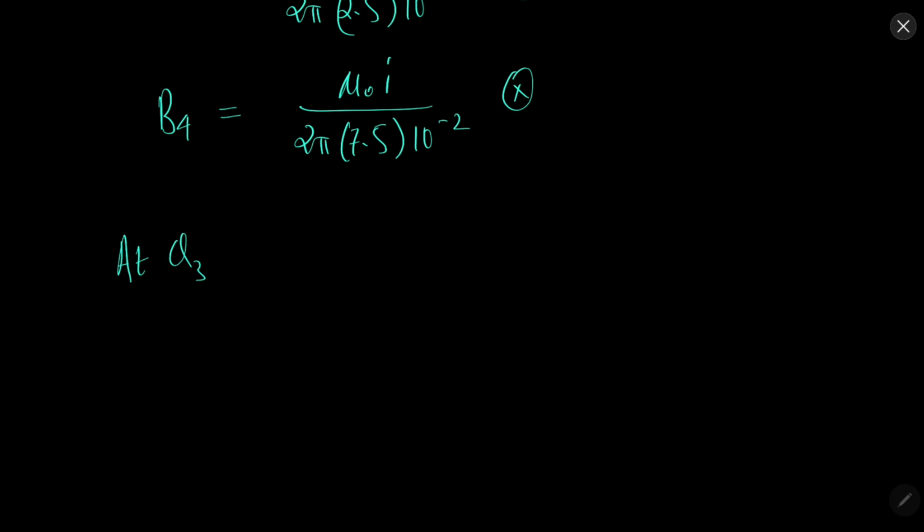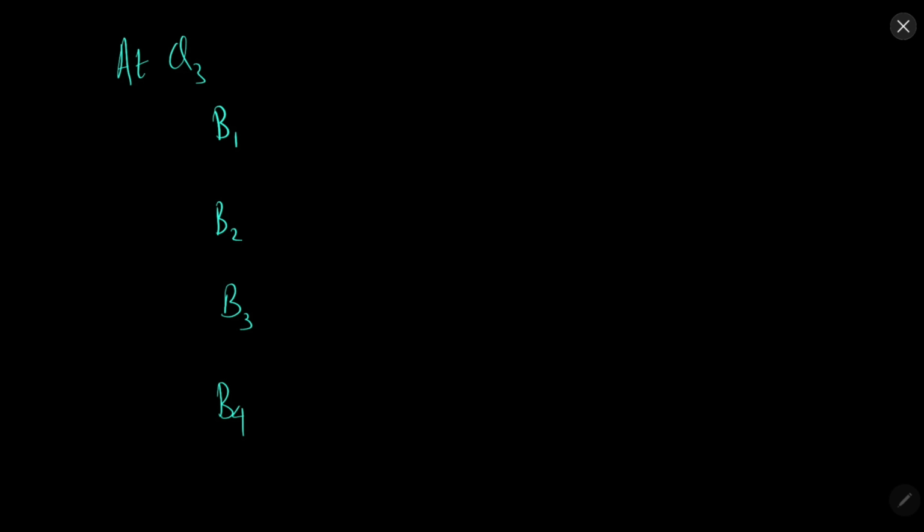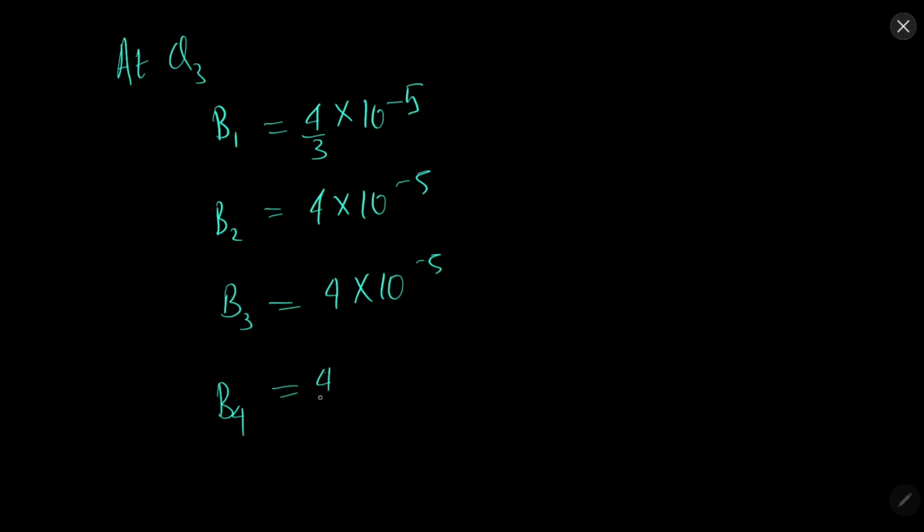Similarly at Q3, we will have a similar value as Q1, but the direction will be opposite. 4 into 10 to the power minus 5, 4 by 3 into 10 to the power minus 5.